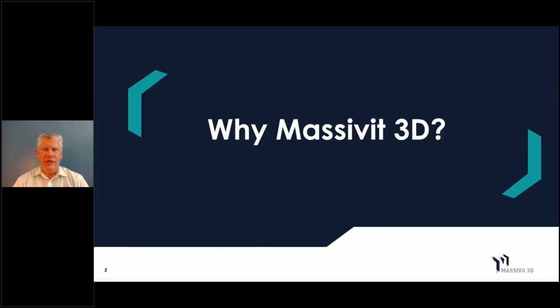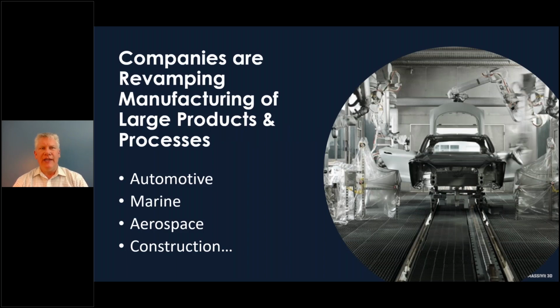Now, why are you here? Why Massivit 3D? What we're finding is that companies are used to using additive manufacturing today and using it more and more for functional parts. Those prototypes, fixtures, parts, pieces, and finished parts are being produced by 3D printing and additive manufacturing.